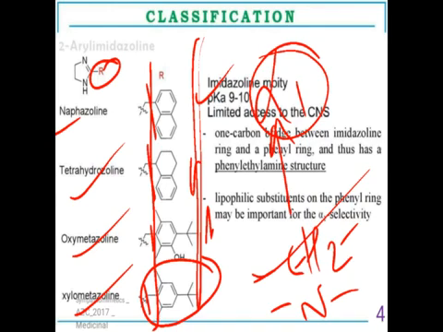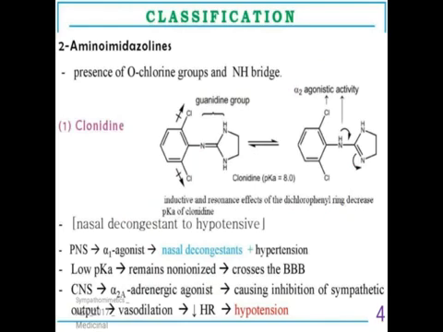Then 2-aminoimidazoline, here you can find clonidine. Clonidine consists of an amine group. Due to the amine group, it has more alpha-2 agonist activity as compared to alpha-1 agonist activity.